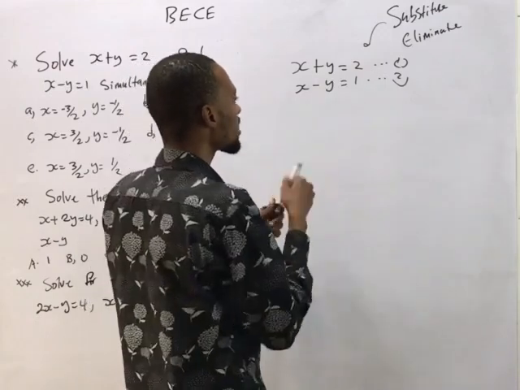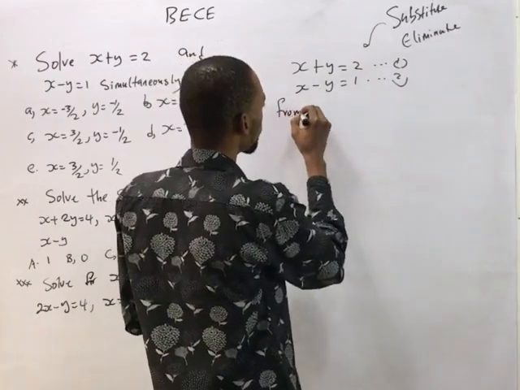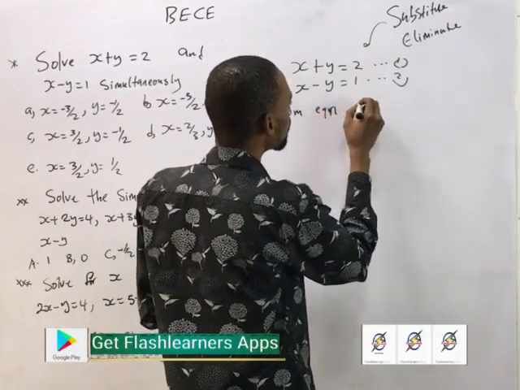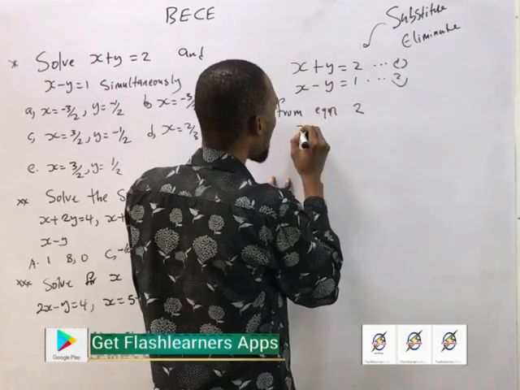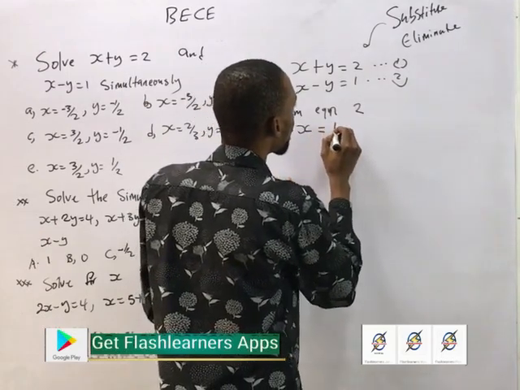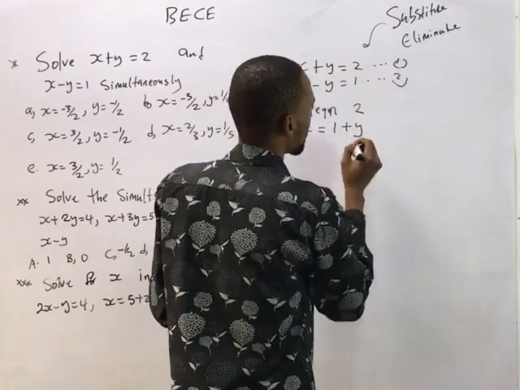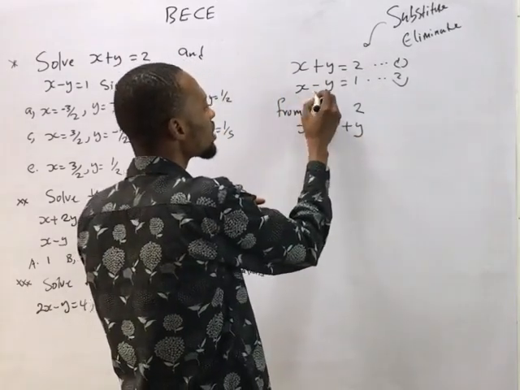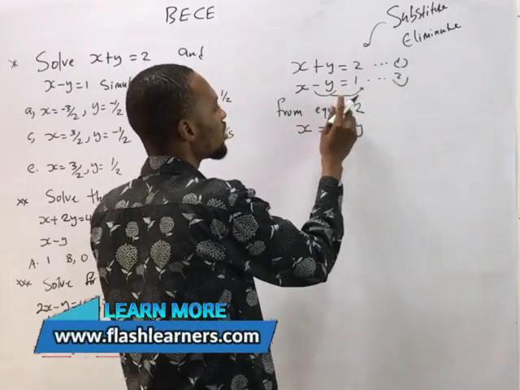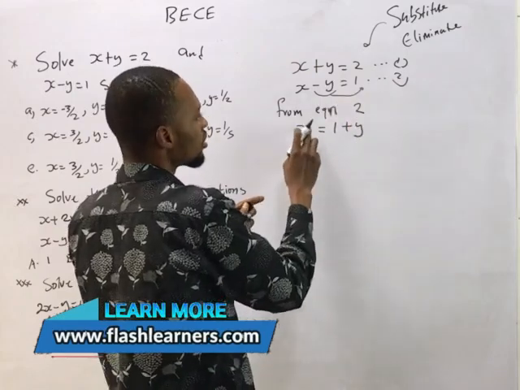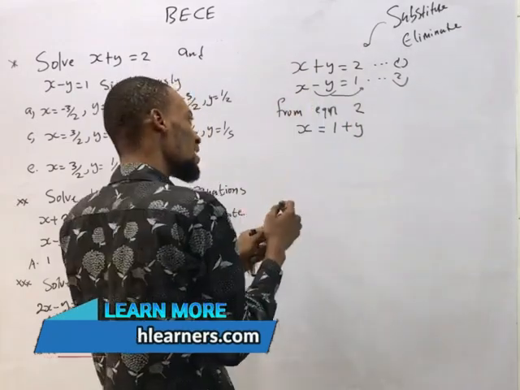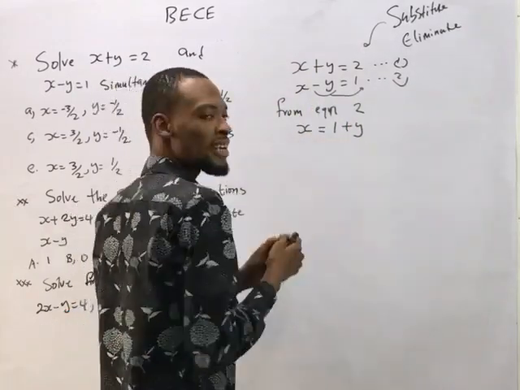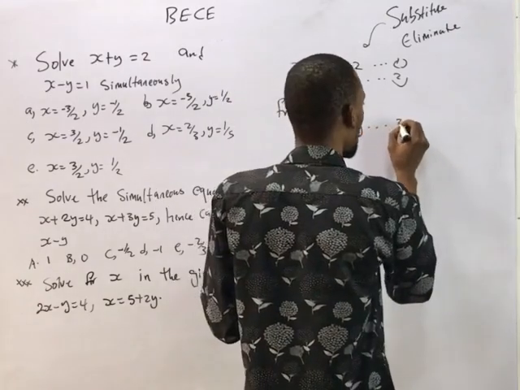I can say from equation 2, s is equals 1 plus y. Because if I make s the subject, it means I'm taking this minus y to this side. It's becoming positive when crossing. So making s the subject here, it is equals 1 plus y, and this is our equation 3.